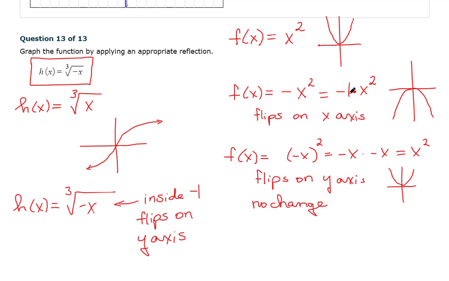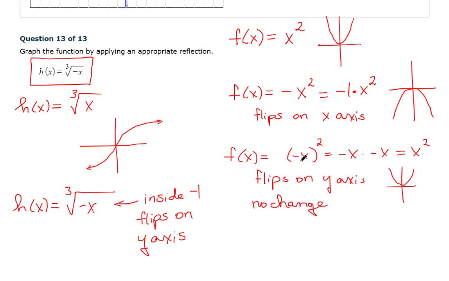So putting a negative in the front of any of our basic shapes is going to flip it on the x-axis. So it used to look up, and if I flip it down, it looks like that.